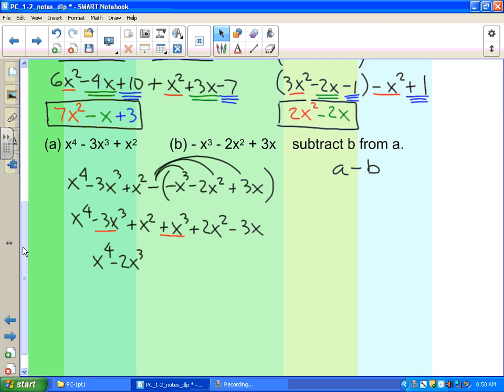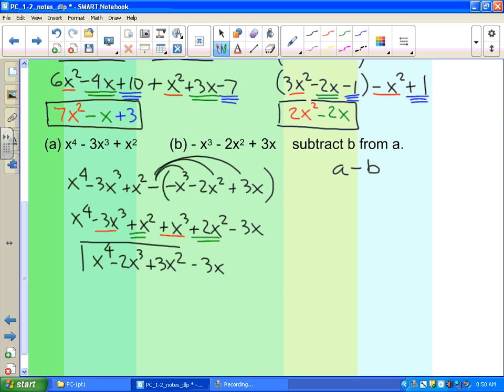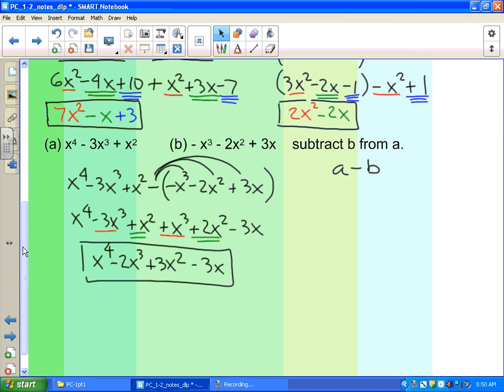And x squareds, I have x squared and 2x squared, giving me 3x squareds. And then I have a negative 3x variable expression all by itself. And there we go, putting in descending degree order, 4, 3, 2, 1, and then there is no constant here. I would get that.